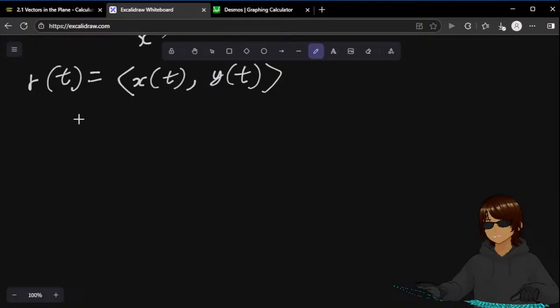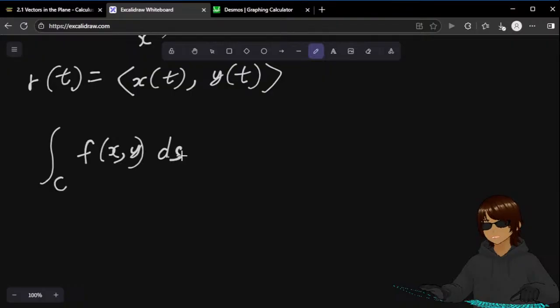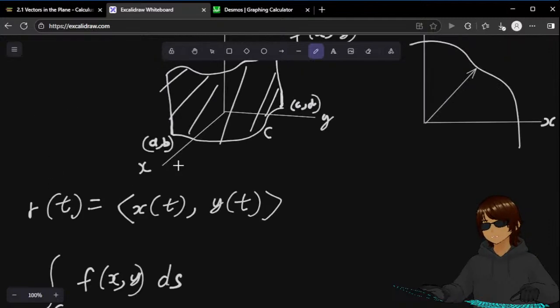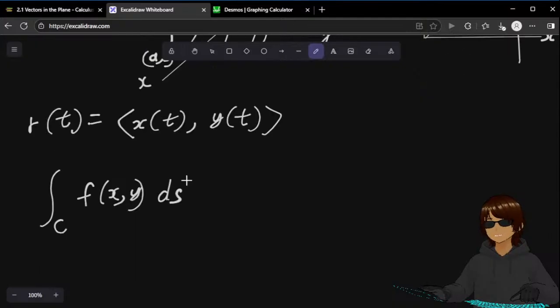So the integral notation is like this. ds is like the instantaneous change in the curve when you increase t. ds is like the change in the curve for the instantaneous change in t.